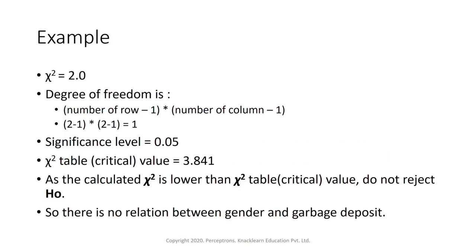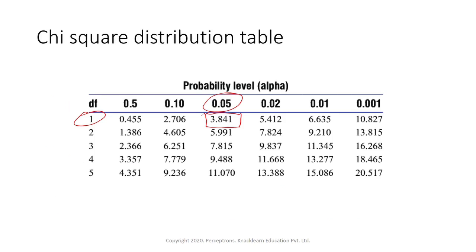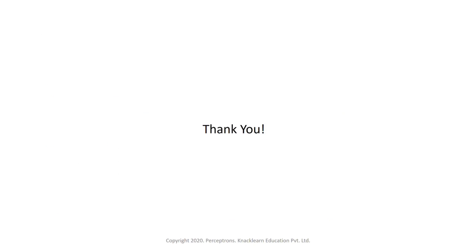So this is how we can do a chi-square test. Now we'll see a case study with respect to the chi-square test by taking Python. We'll be implementing a case study in Python, and we'll see how to implement the chi-square test in Python.